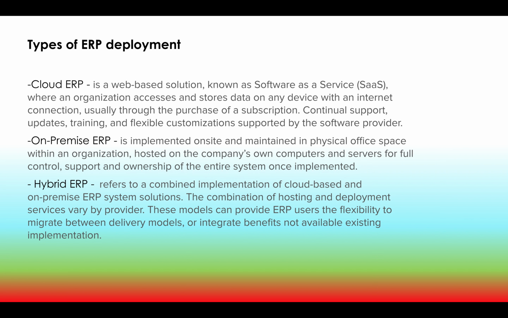On-premise ERP is implemented on-site and maintained in a physical office space within an organization, hosted on a company's own computers and servers. We have full control here, support and ownership of the entire system once implemented. Main advantage is full control and support. We have all data with our systems.